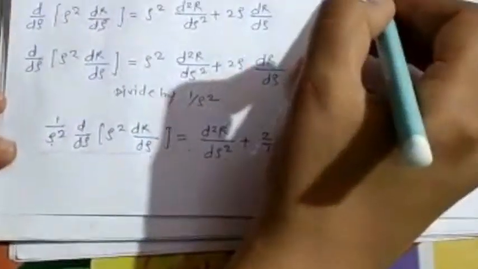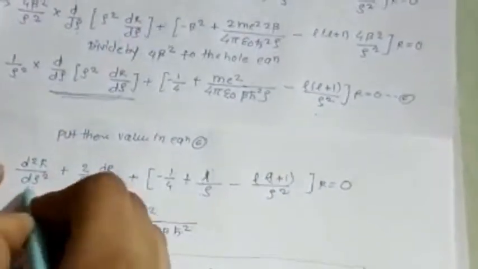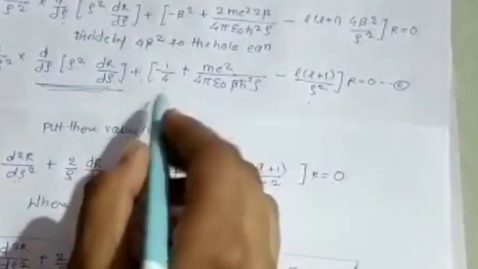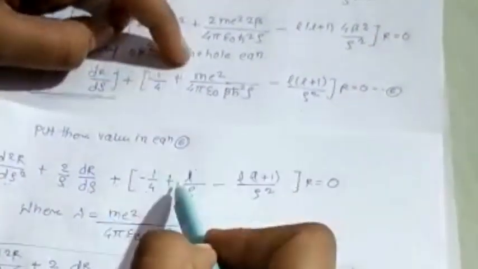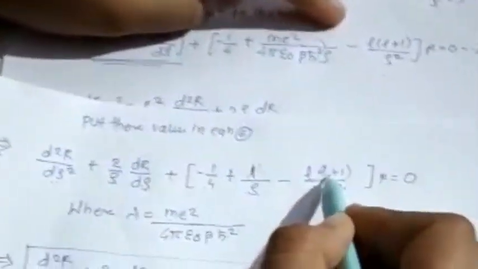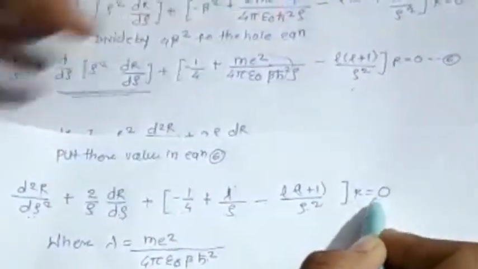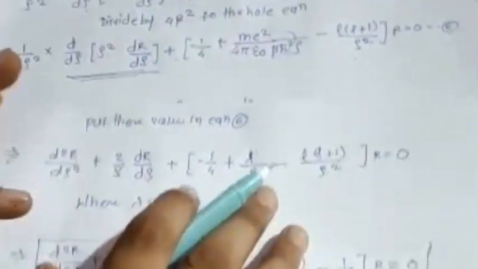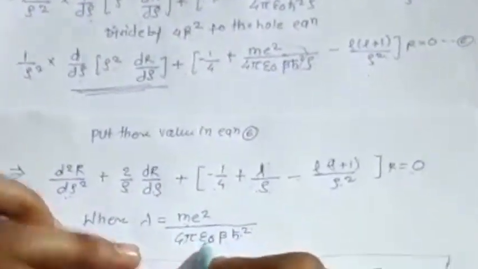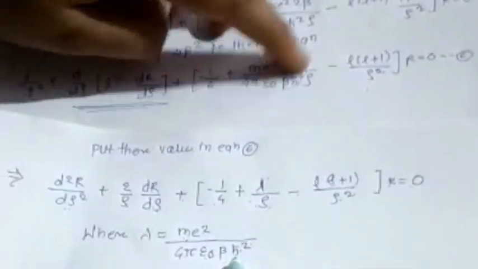Now we have to substitute in equation number 6. So equation number 6 looks like, that is d2r divided by d rho square plus 2 by rho dr upon d rho plus in bracket this term as it is, minus 1 divided by 4 plus we are substituting this term as lambda divided by rho minus L into L plus 1 divided by rho square into R is equals to 0, where lambda is equals to m e square divided by 4 pi epsilon naught beta h square, as we can see here.